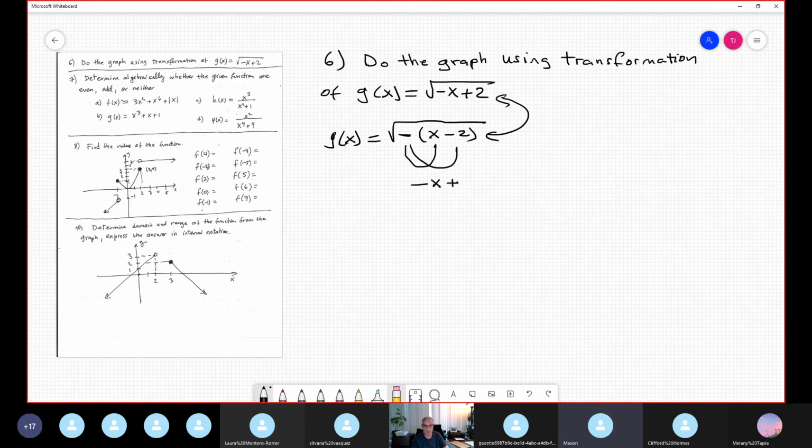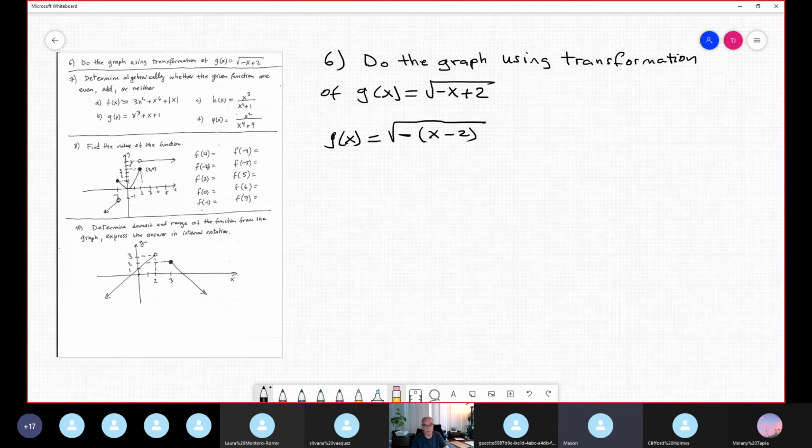Negative and negative is positive. Oh yes, it's the same. But in my opinion, it's more clear to see the transformation that you have to apply in that case. Both functions are equivalent, it's the same thing.